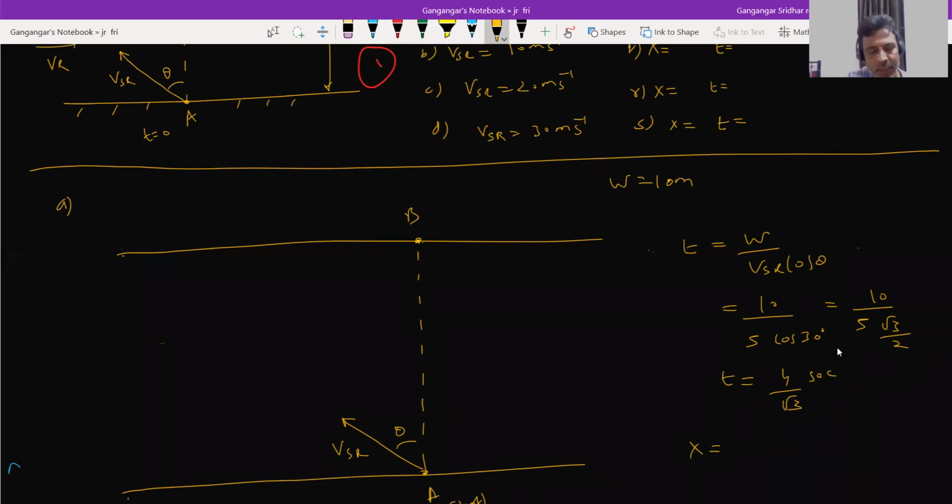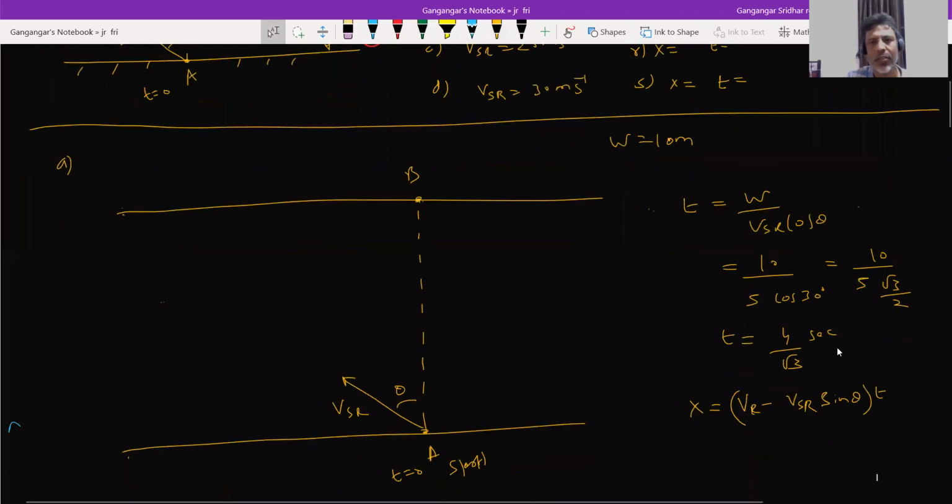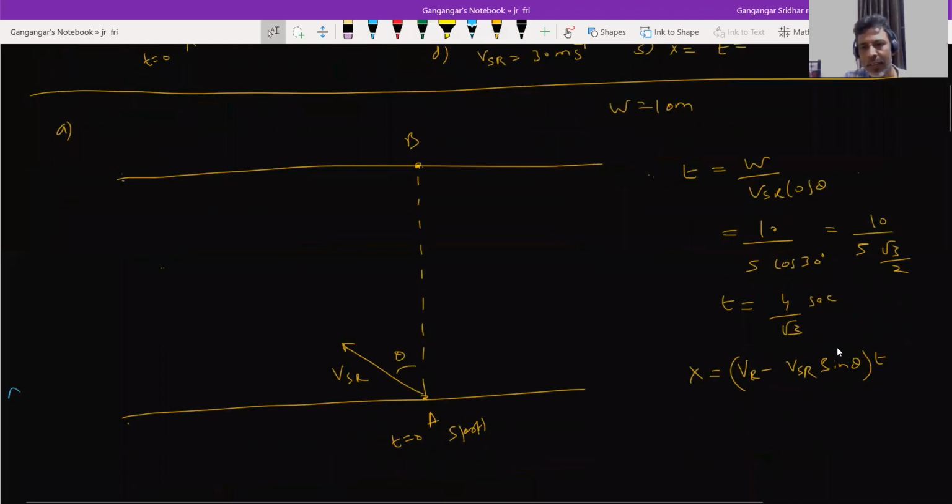How to calculate drift? This should be equal to VR minus VSR sin theta, times time. Straight away, I'm writing. Try to see that one, like yesterday what we discussed, that only we are applying.